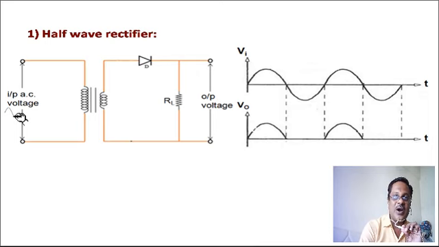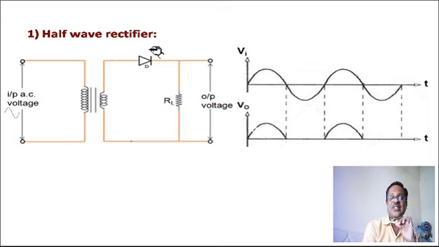But during the negative half cycle, this point will become negative and this point will become positive. Therefore, this diode is reverse biased during the negative half cycle.